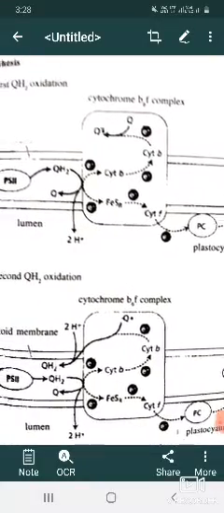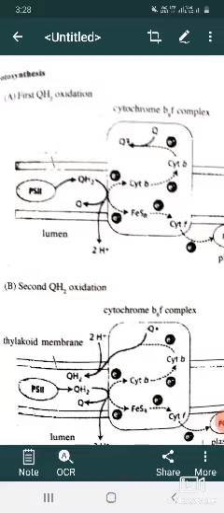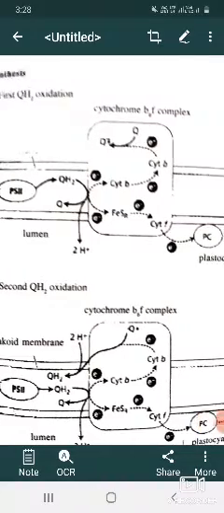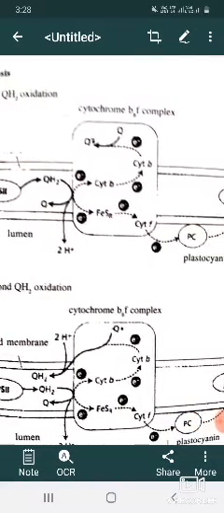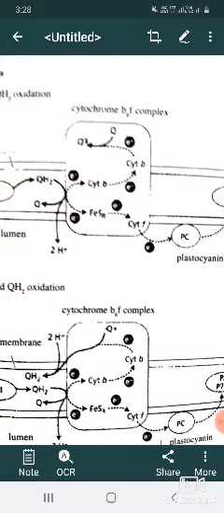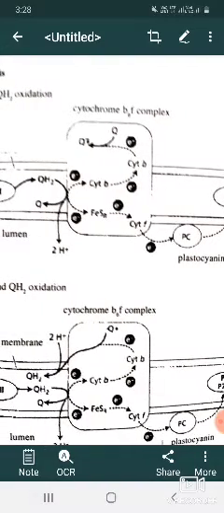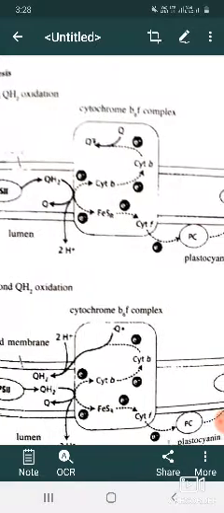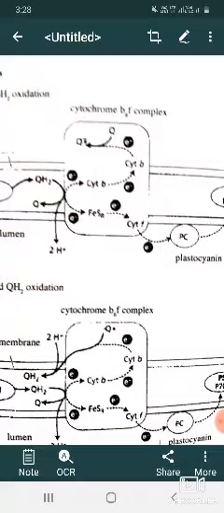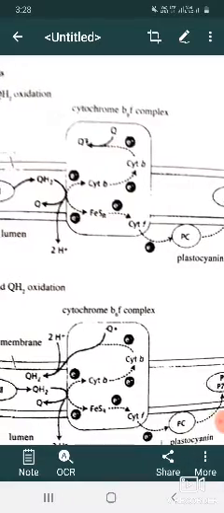This is the quinone cycle in the transfer of electrons and protons through cytochrome b6f complex. It is not completely understood, but it could be explained by the quinone cycle.